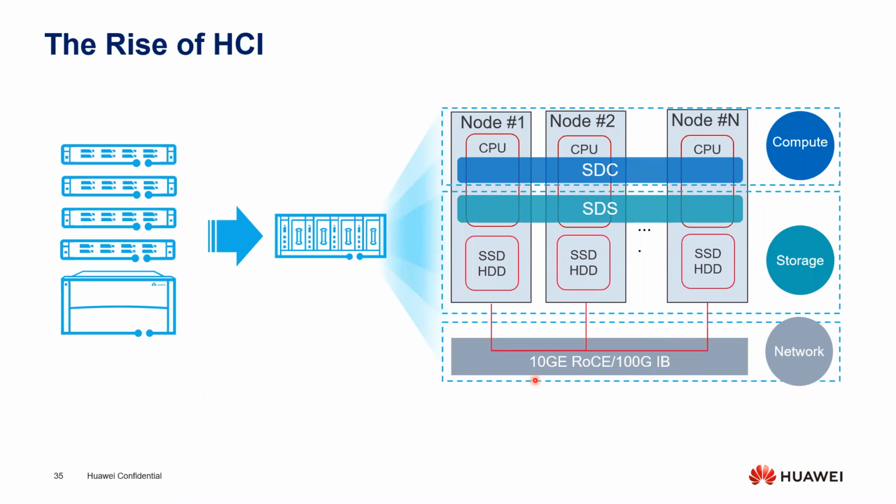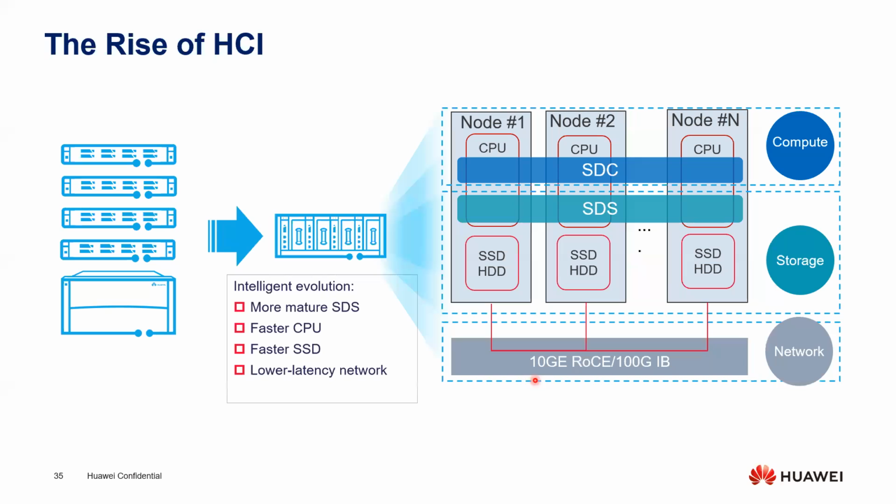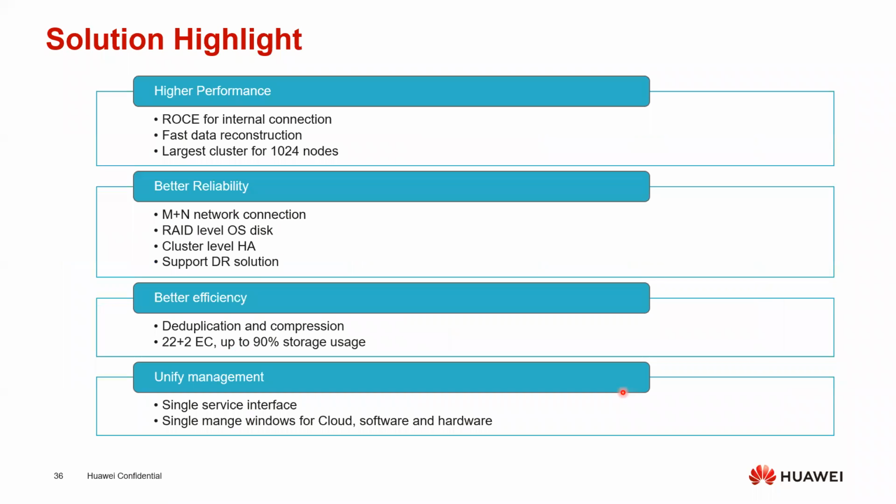So this is a contribution from Huawei, and you can see here the more mature software defined storage, the faster CPUs, the faster SSDs. These SSDs also manufactured by Huawei. So we have our own SSDs, and the low latency network, or we call it lossless network, which is supporting RoCE switches. You can see here, this is the key highlight of the solution. You have the RoCE and the fast data reconstruction.